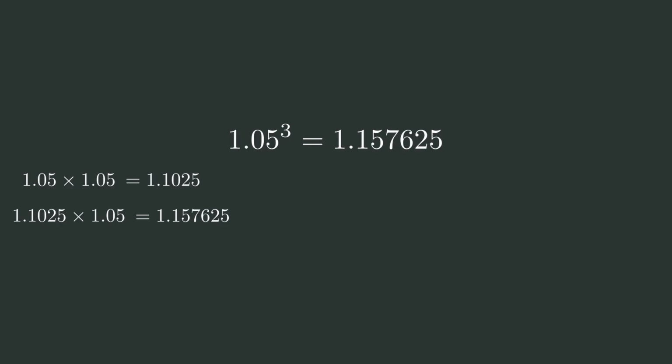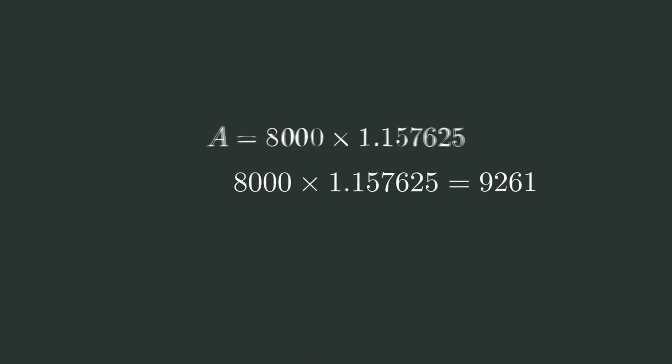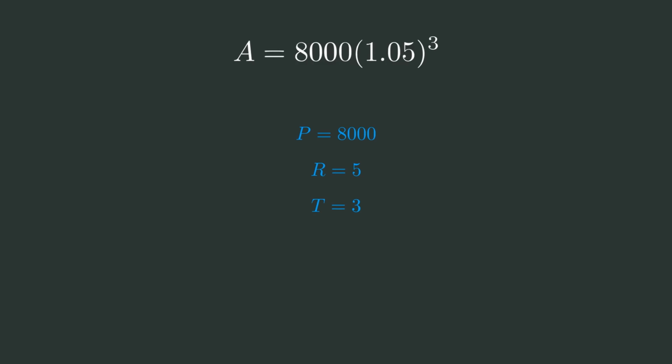Once we get this output, we will multiply it with our principal, which is the population of our town, 8,000. Doing the calculation, 8,000 times 1.157625, we get our final result, which is 9261. There you go. We have finally got our answer using this formula.